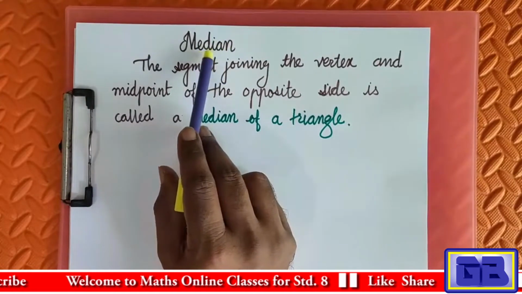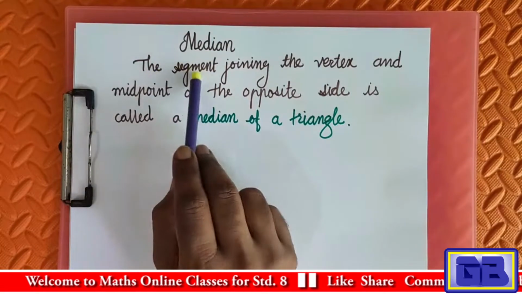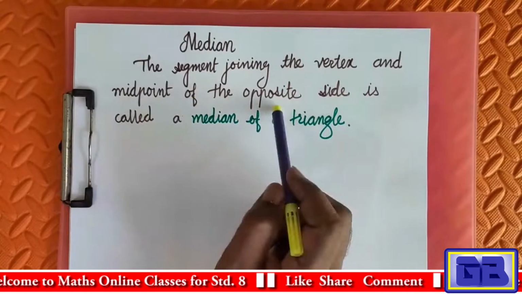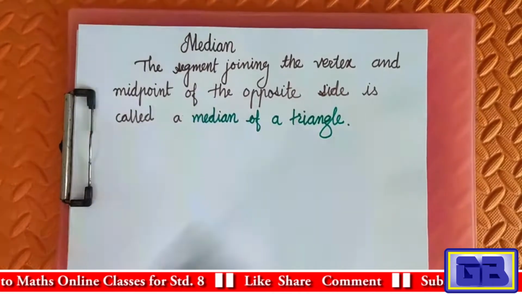In this lecture, we have to see median of a triangle: the segment joining the vertex and midpoint of the opposite side is called a median of a triangle.